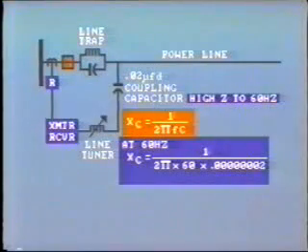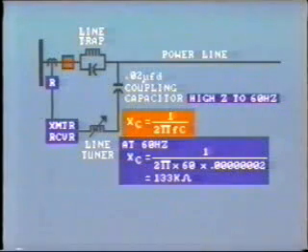At 60 cycles, the capacitive reactance would be 1 divided by 2 times pi times 60 cycles times 0.02 divided by 10 to the sixth. This all works out to about 133,000 ohms, an extremely high impedance, which would certainly block the flow of 60 hertz current from the line.